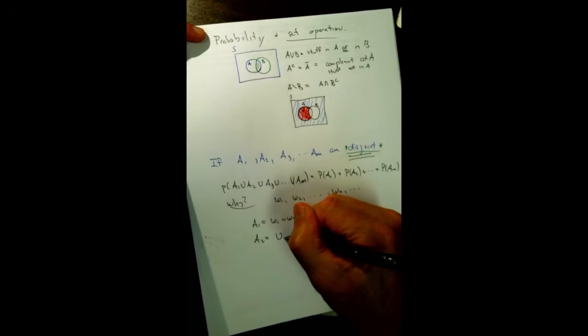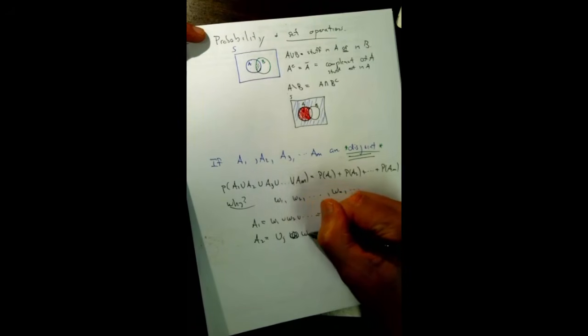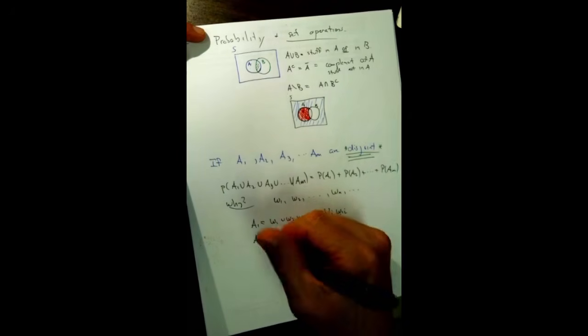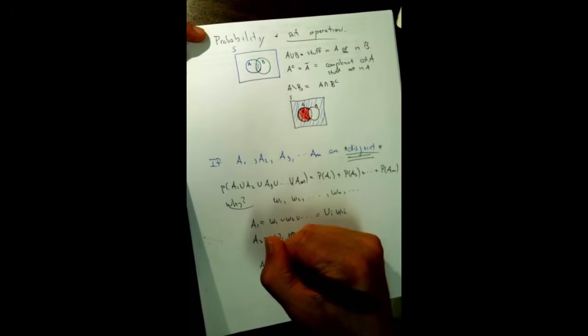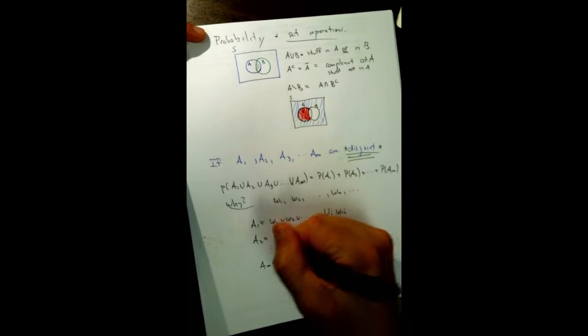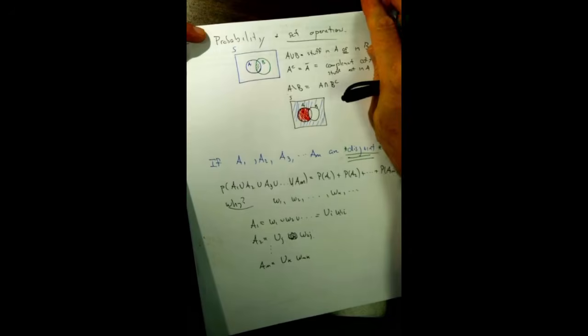A2 is also going to be some union, W2J. The key thing is that these are different W's, and they have to be different because these sets are disjoint. So each of these sets I can write as a union of different base events W.